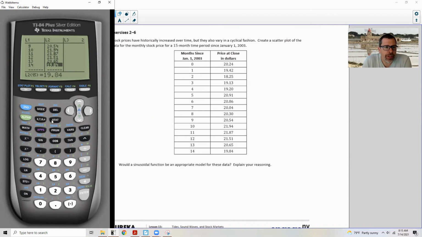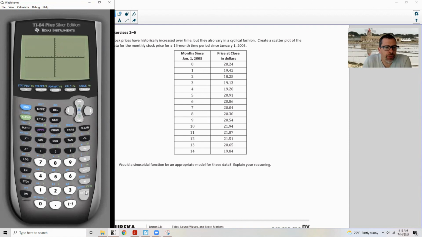Okay, so now I'm going to hit graph, and I'm going to go to Y equals and make sure there's nothing there. And when I hit graph, you don't see anything. So I'm going to hit zoom 6, which puts it back to 0, 0, and I still don't see anything. If I hit zoom, there is a stat command down here at 9.